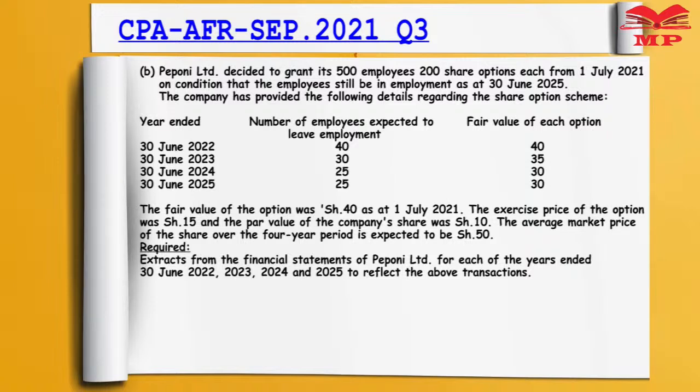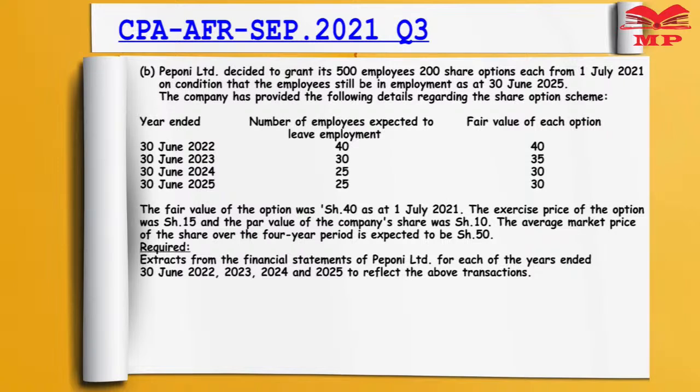The company has provided the following details regarding the share option scheme: the year ended, number of employees expected to leave employment, and fair value of each option. The fair value of the option was 40 as at 1st July 2021. The exercise price of the option was 15 shillings and the par value of the company's share was 10 shillings.